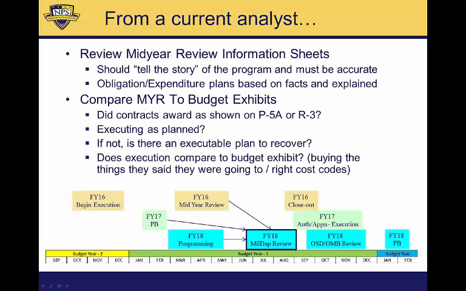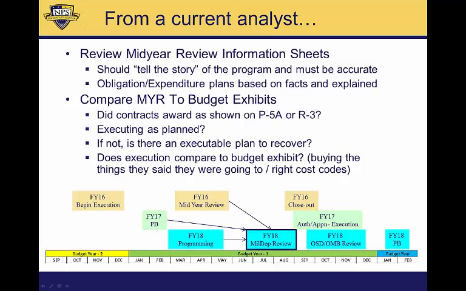Before we get to those five criteria, let's think about when this happens with respect to the overlapping budget cycles. Here the military department is reviewing the FY18 budget in the summer of the year before that budget's submitted, 2016.